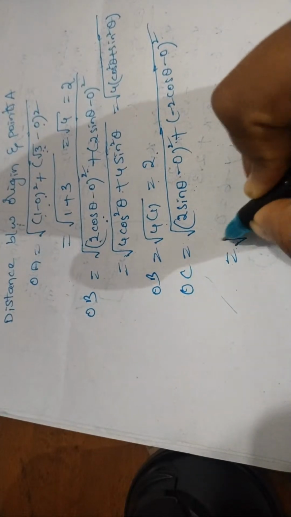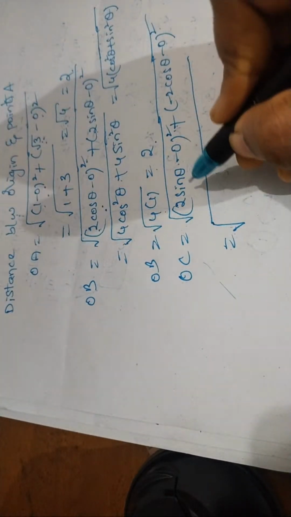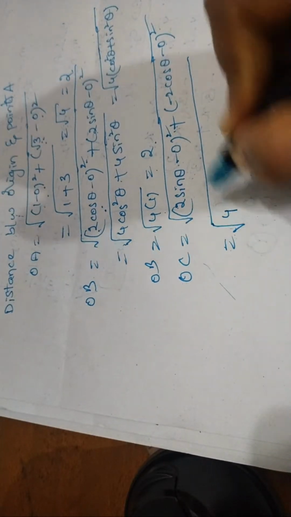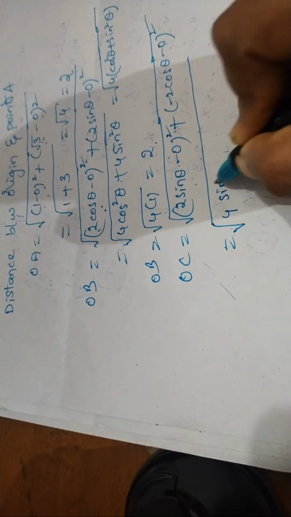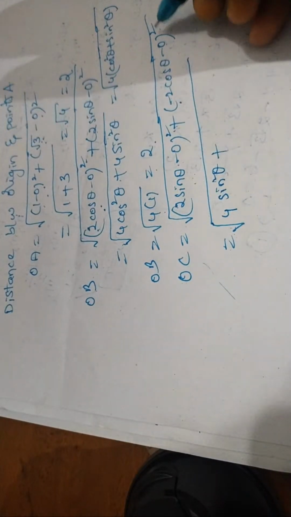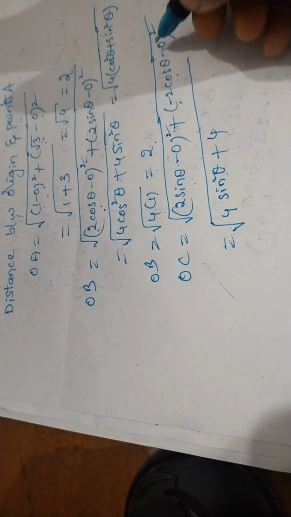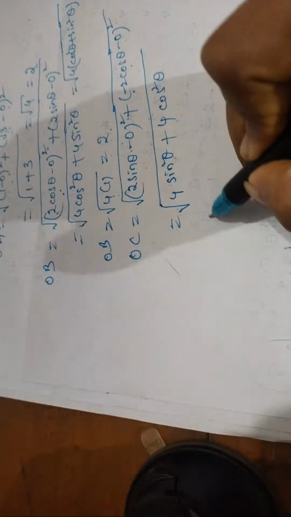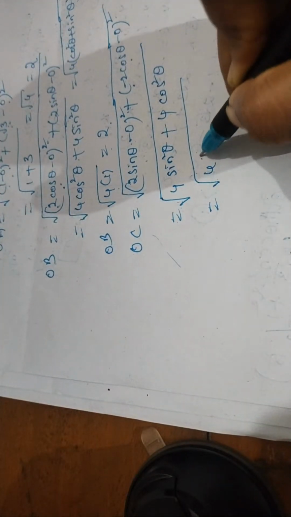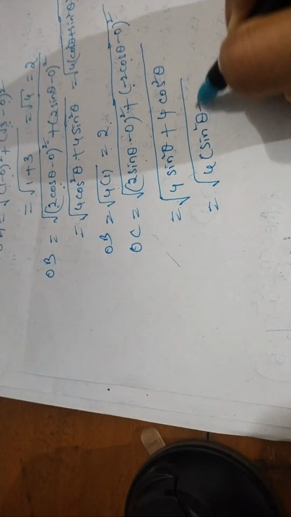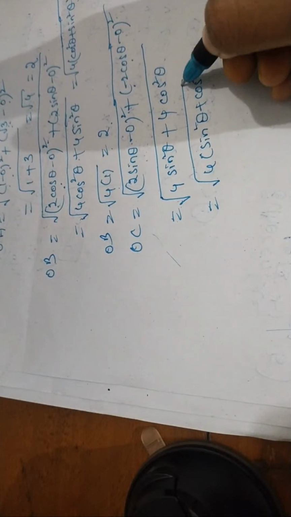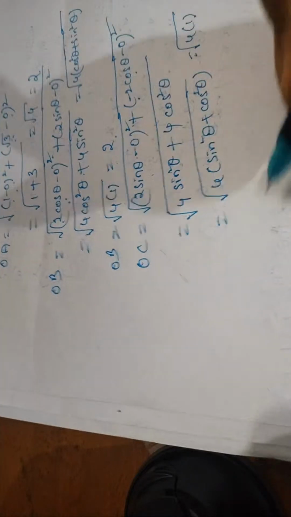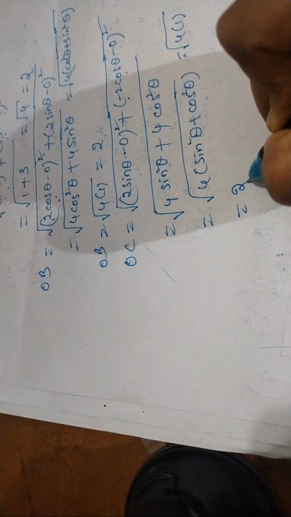Now we will simplify this. 2 square is 4 sin square theta plus (minus 2) whole square, 4 cos square theta. Take 4 common, and sin square theta plus cos square theta has value 1. So we write 4 into 1. This is root 4, and the root 4 value is 2.